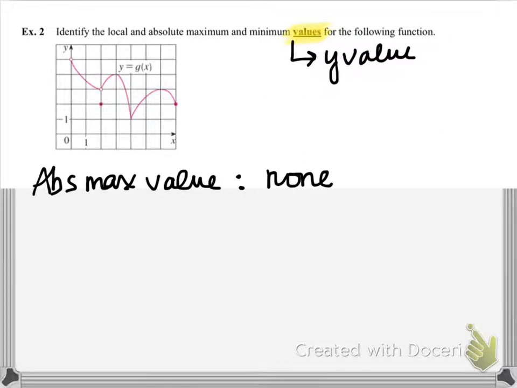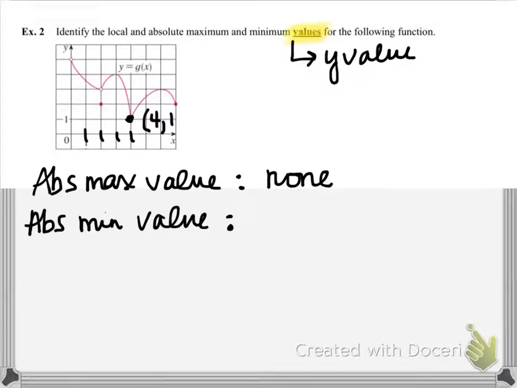Now let's look for the absolute minimum value. First let's identify where the absolute minimum is on the graph. The smallest y value, which would be the lowest point on this entire graph, occurs at this corner. That coordinate looks to be 4, 1.